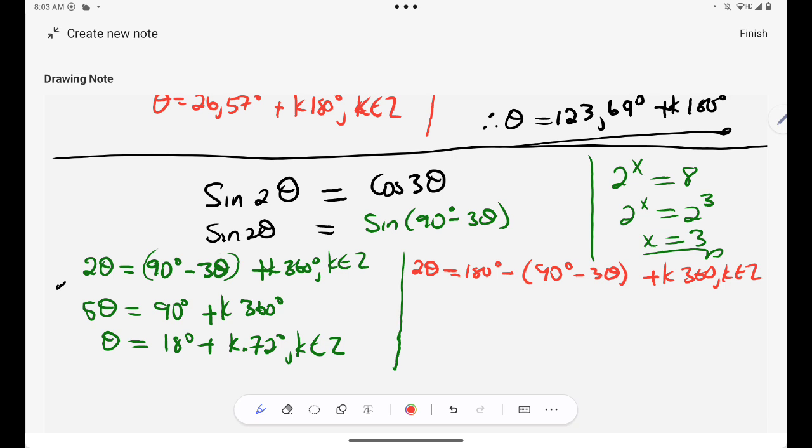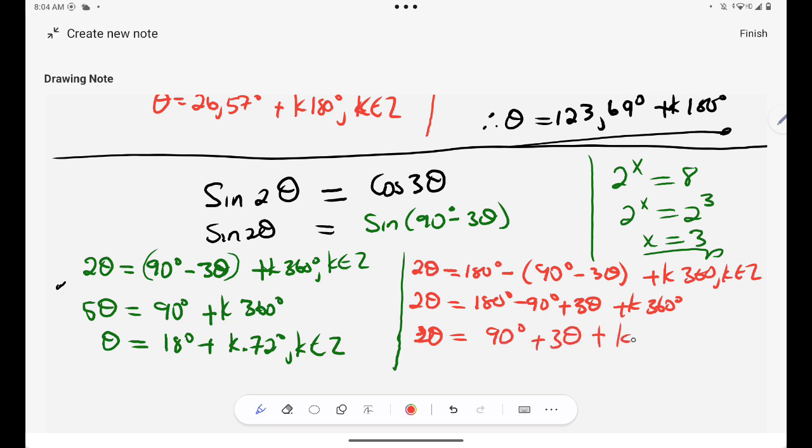And then now all I need to do is to just remove the brackets. 2 theta is equal to 180 minus 90 plus 3 theta and k 360 there. So 2 theta is equal to 180 minus 90 will give me 90 degrees plus 3 theta and k 360.